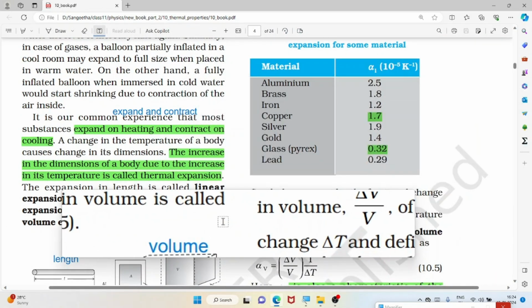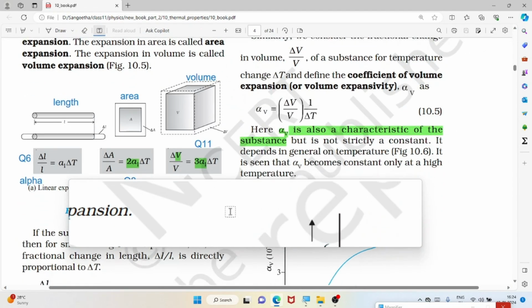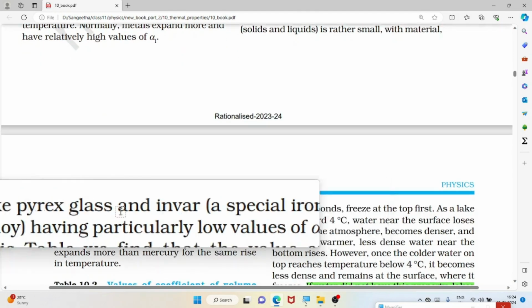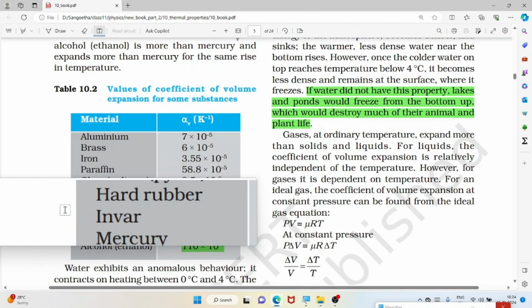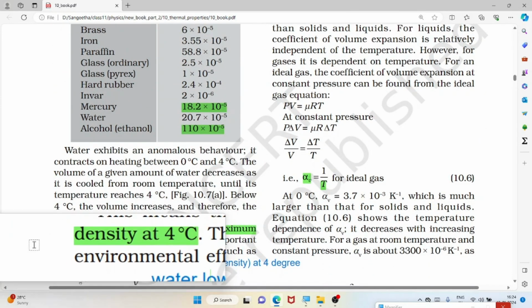These are the various linear expansion coefficients available for different materials, and volume expansion coefficients for different things.